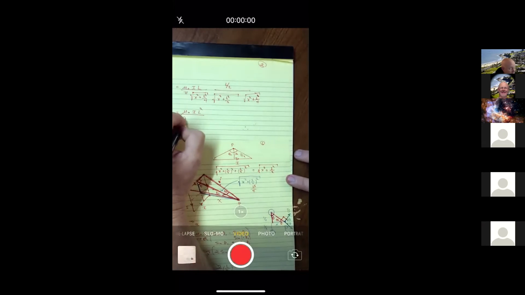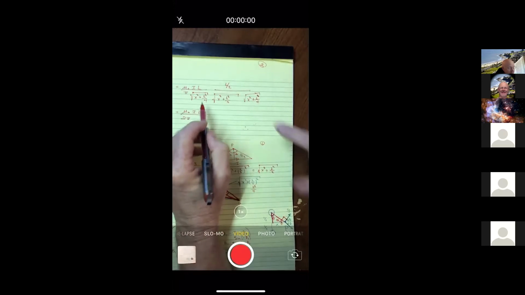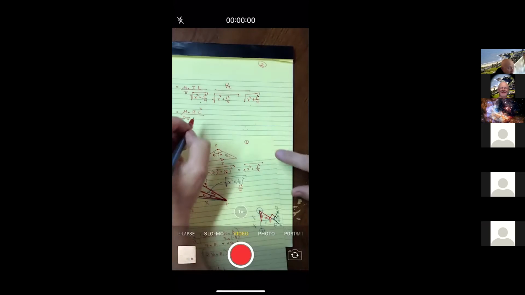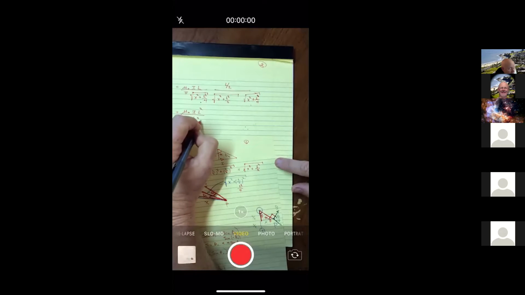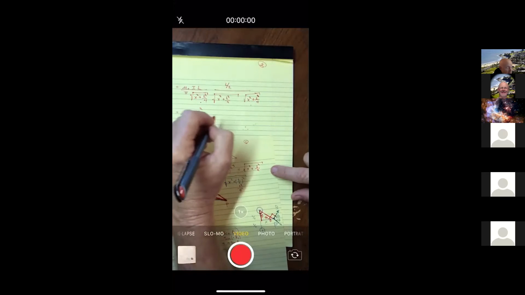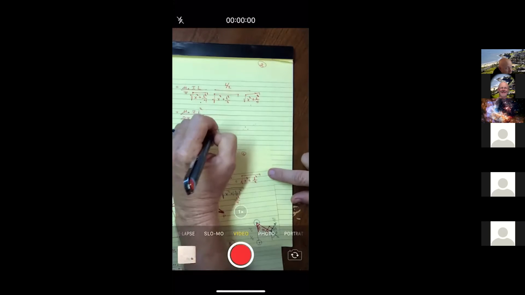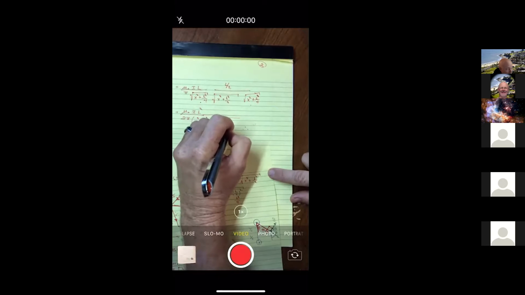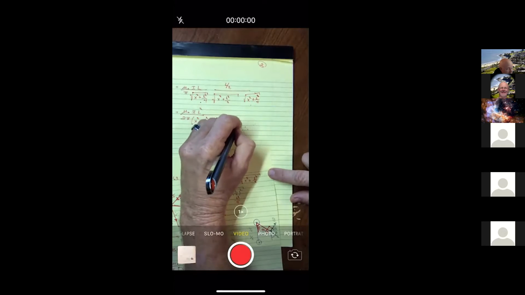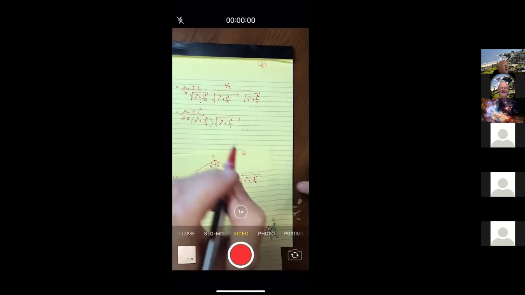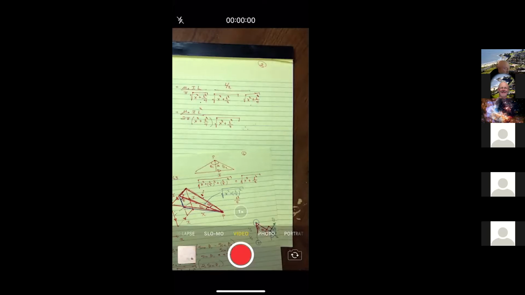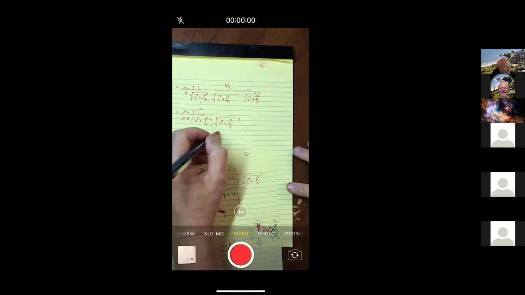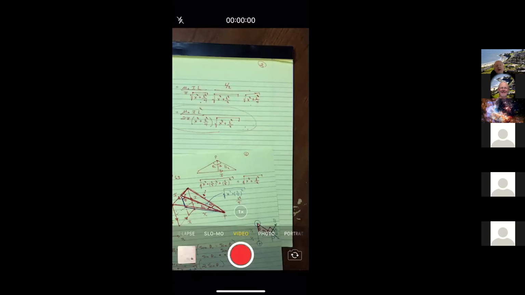That 2 can go with the 2 pi. These two square roots are the same, so that would just be an x squared plus L squared over 4 without a square root. And then this square root has nothing to group with, so I'll just leave it as a square root. And do we match? Yes, we do. Yay!